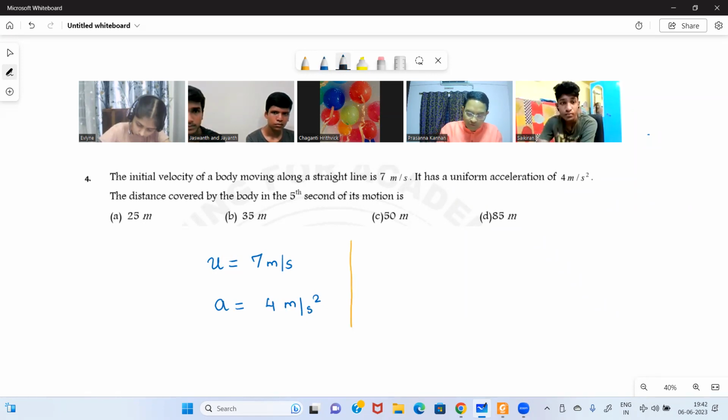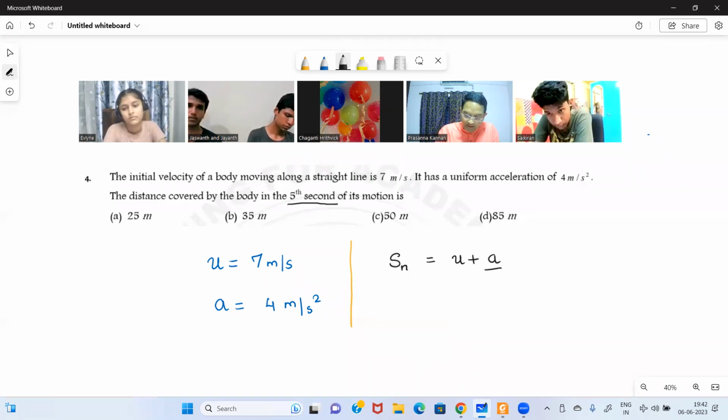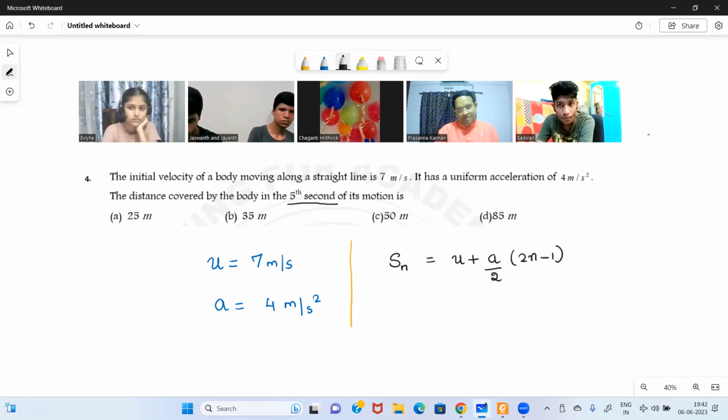If you want displacement in the nth second, then I recommend you to use the equation which I gave you in the beginning. Sn is equal to u plus a by 2 into 2n minus 1. Is that clear, students? Yes, sir.